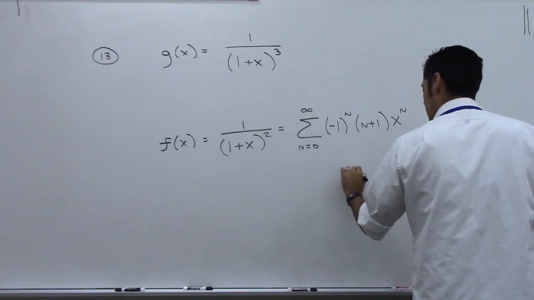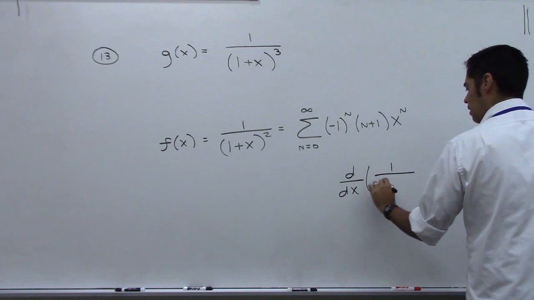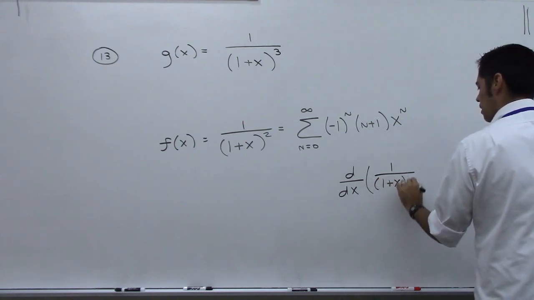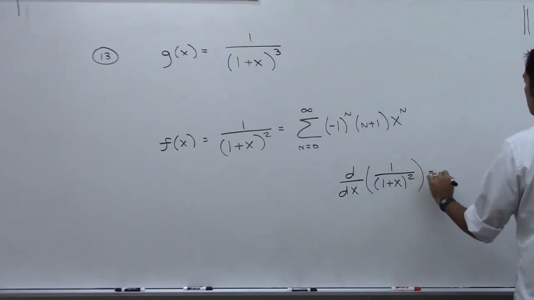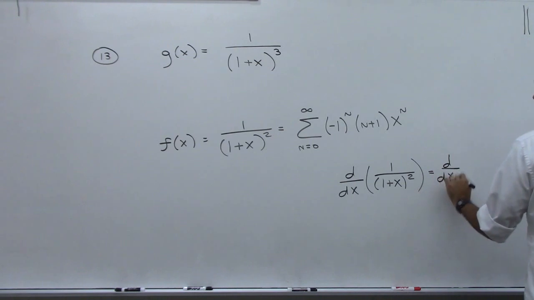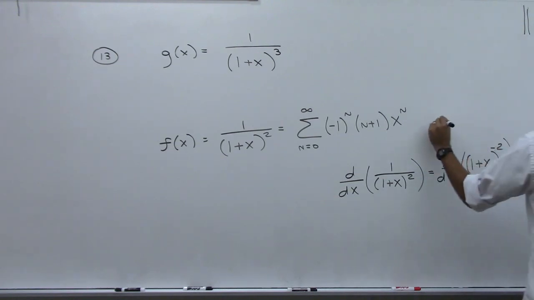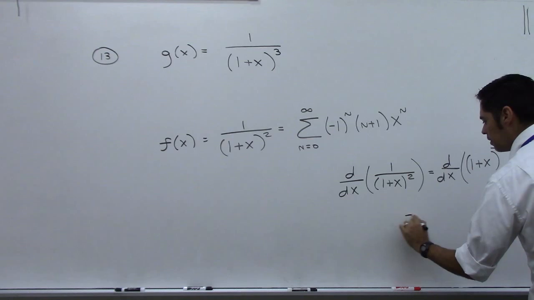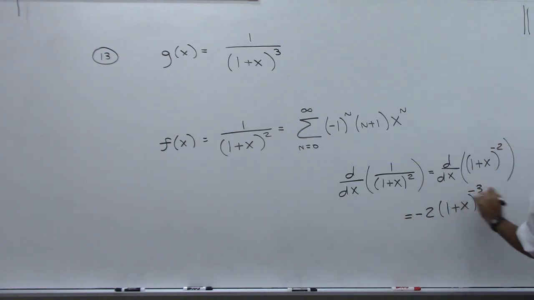So what is the derivative with respect to x of 1 over 1 plus x squared? Well, I can use chain rule. Let me bring the 1 plus x to negative 2, bring it up like that. Now let me take derivative. Negative 2 comes out. So this equals negative 2 times 1 plus x to the negative 3.